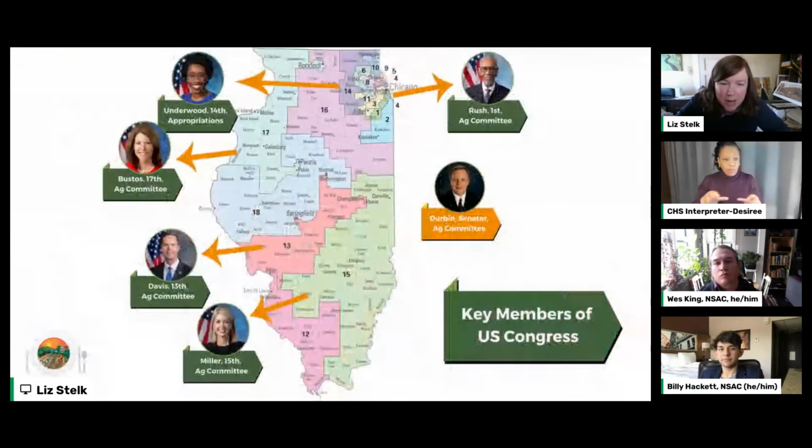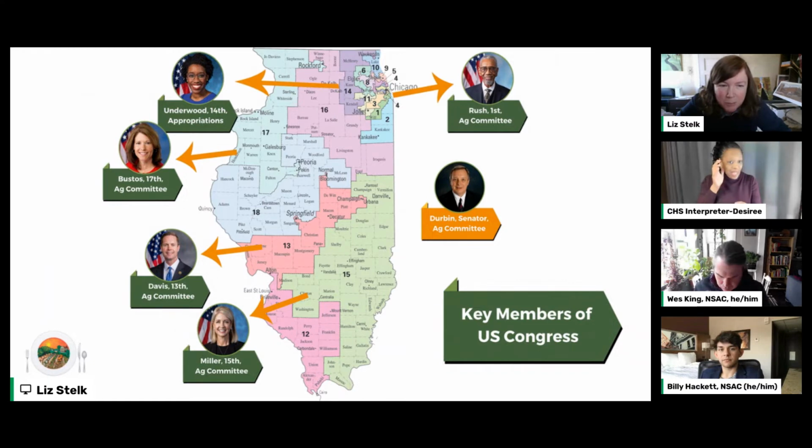We have 5 members of Congress who serve on the Congressional Agriculture Committees. First, our U.S. Senator Durbin is a member of the Senate Agriculture Committee. That means that all of us in Illinois, our voices really matter, because we want to make sure that Senator Durbin is hearing about the issues that matter most to us that we want to see in the Farm Bill.